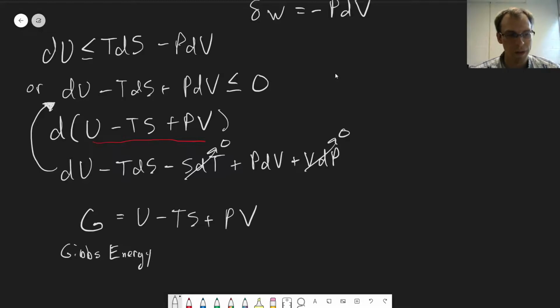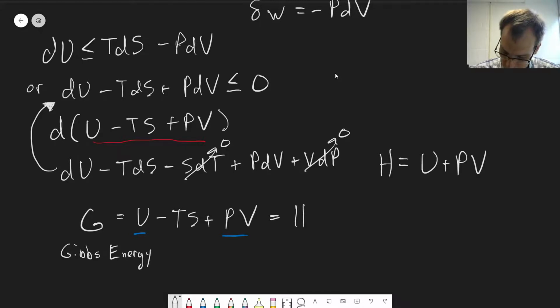All right, and so the Gibbs energy is equal to U minus TS plus PV. So that's one way of defining the Gibbs energy. One other thing you may recognize is that we can take the U plus PV part of it. That's another thermodynamic function that we have defined. So we can remind ourselves that enthalpy is equal to U plus PV. And so we can also write that G is equal to H minus TS.